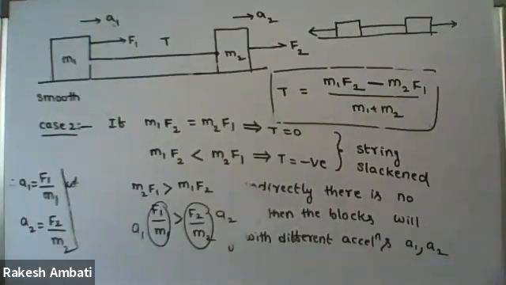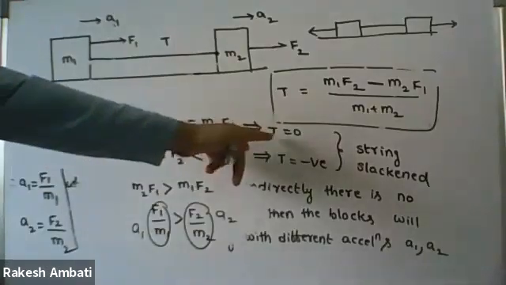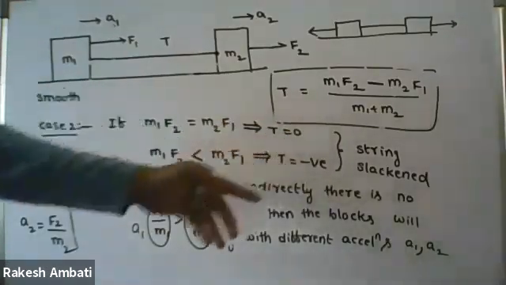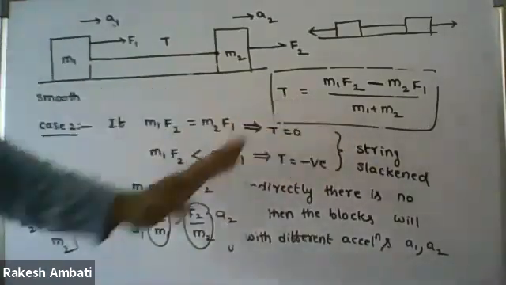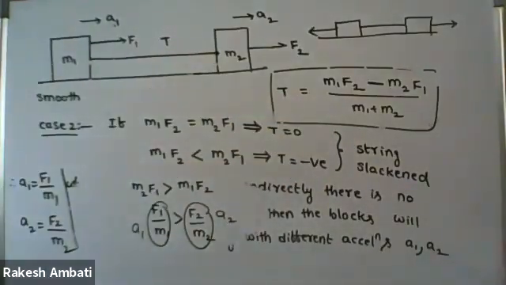So in any case, if tension force is 0 or negative, obviously the string becomes slackened. Okay, thank you, sir.